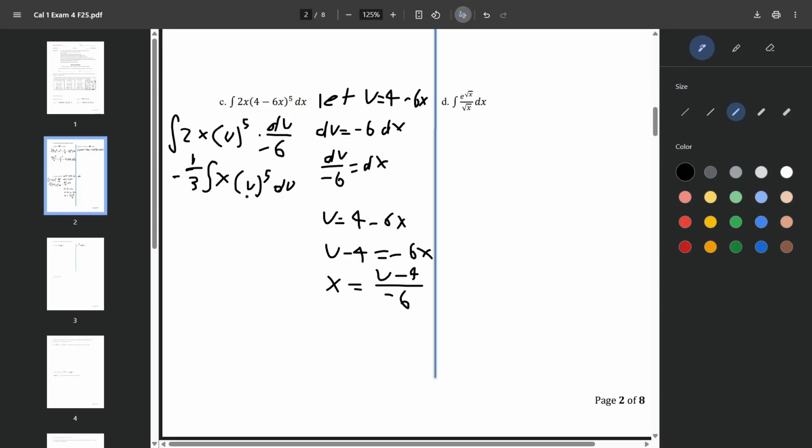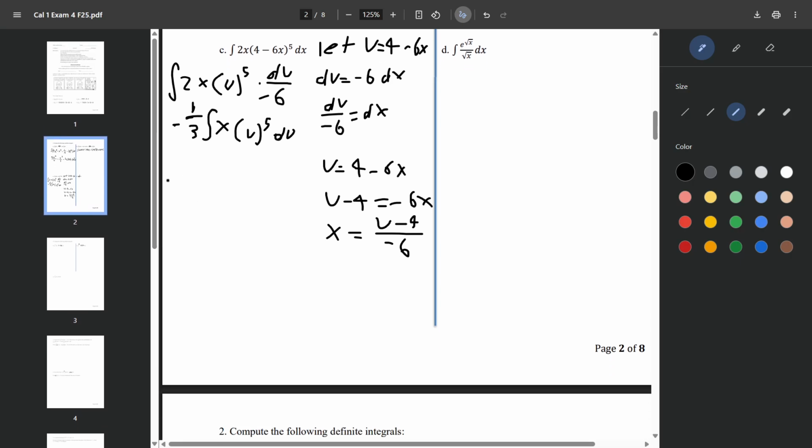And so we can now replace x with what we have right here, so we can get u, and our function only has one variable type. So let us do that right now.